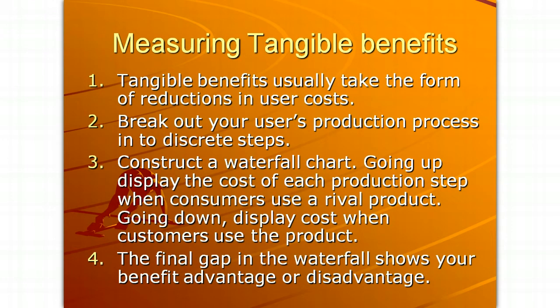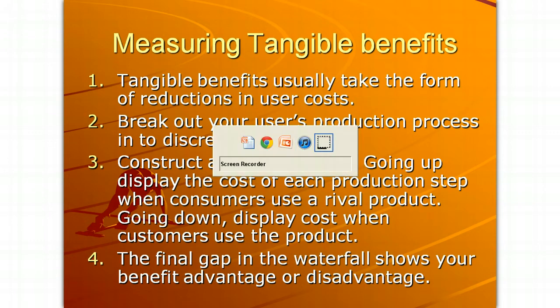let's talk about measuring some tangible benefits, things that are a little easier to measure. A tangible benefit for a product generally takes the form of a reduction in user costs. So, for example, let's take an example from the Zoom simulation. Okay, so I'm going to switch over.